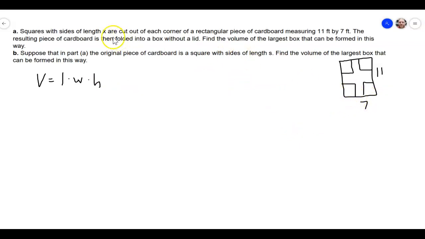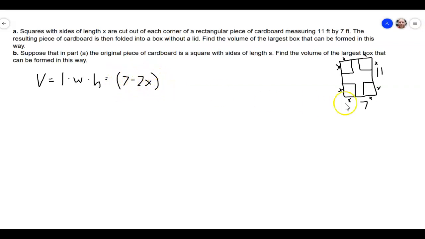Well, if we call the side length x, so if this is x, and this is x, and this square side length is x, then this length here is going to be 7 minus x minus x. So that side is just going to be 7 minus 2x.